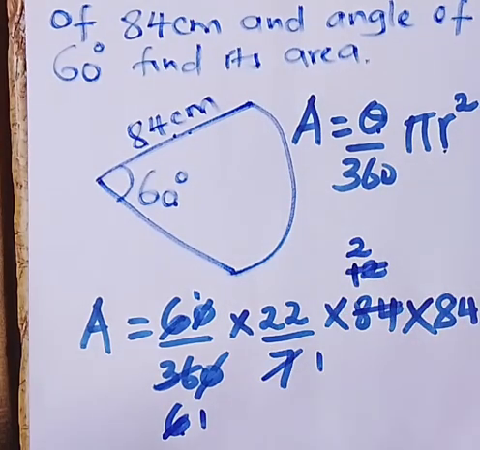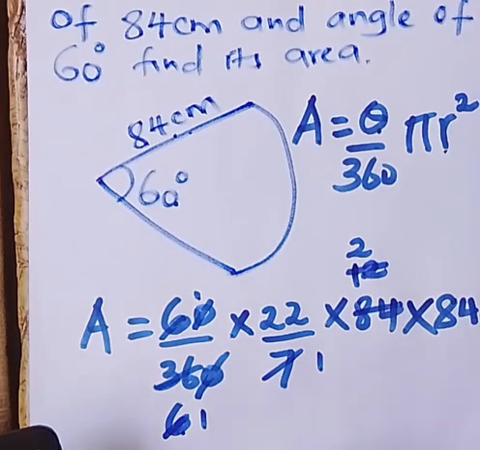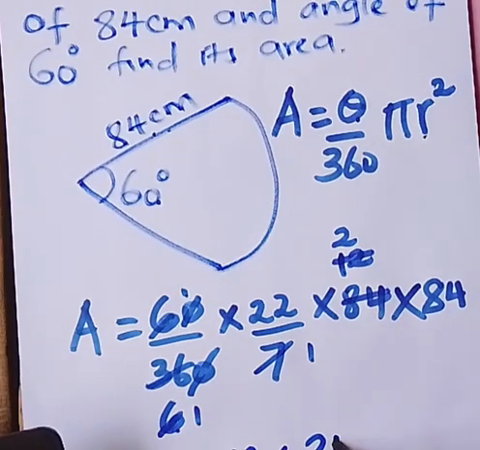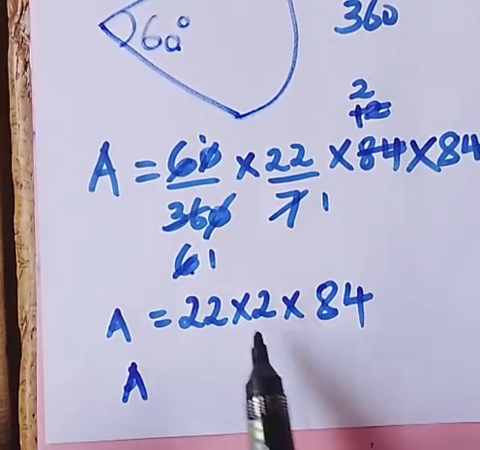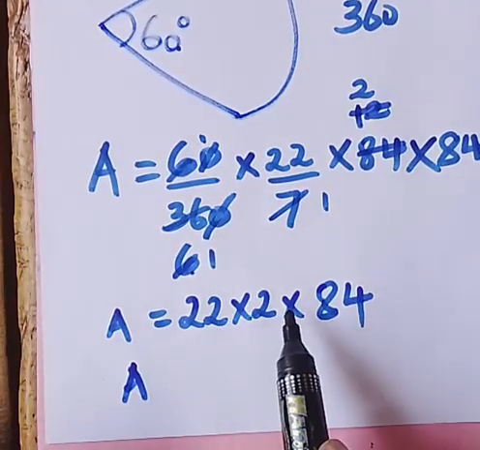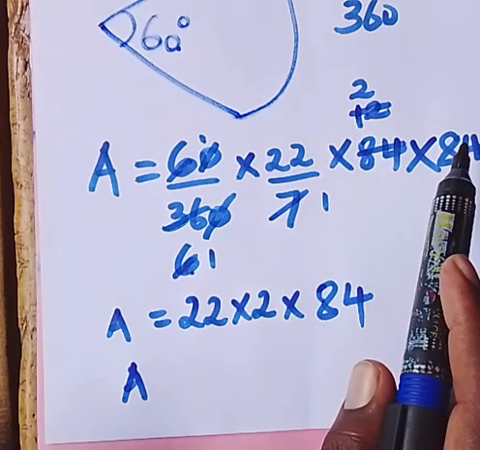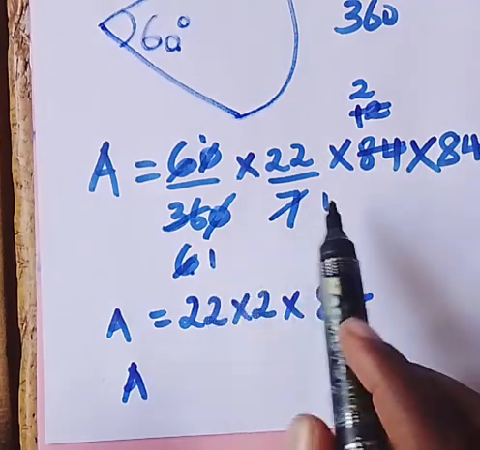Then you can see we do not have anything left on the denominator, so we comfortably multiply the numerators. We have 22 times 2 times 84 in the numerator, and in the denominator we have 1 and 1.